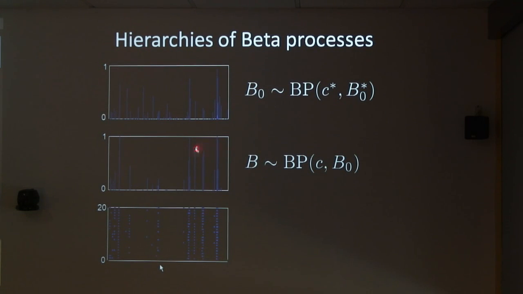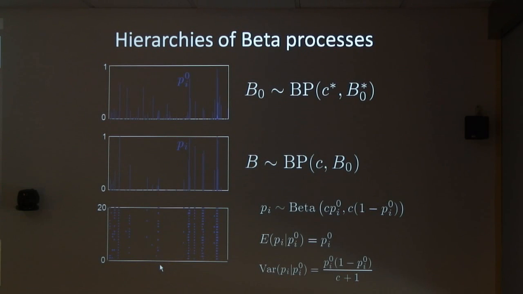And this one now has a base measure that is entirely discrete, and therefore it will have atoms at exactly the same locations, but they'll be beta distributed with mean the height of the stick. So it'll be a kind of fuzzed up version of this top level one. And then you can draw samples from this thing, for instance. Yeah, that's just in math what I've just said.